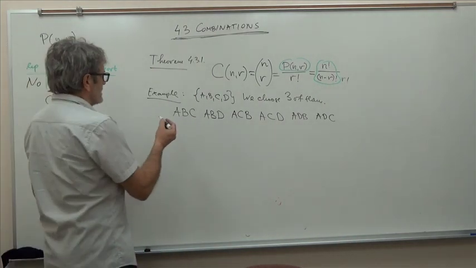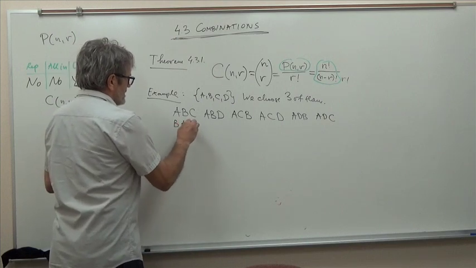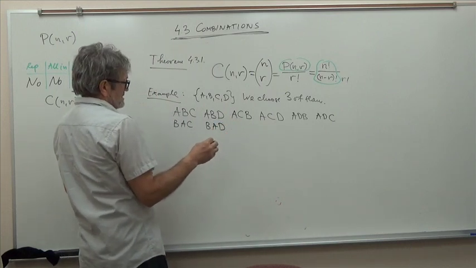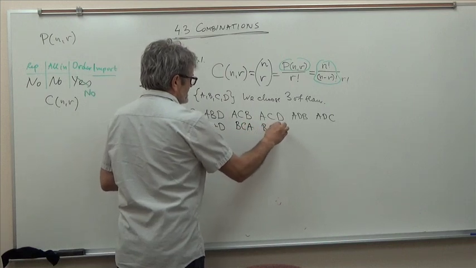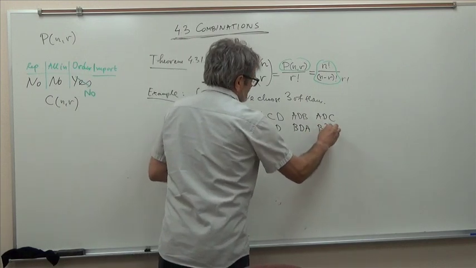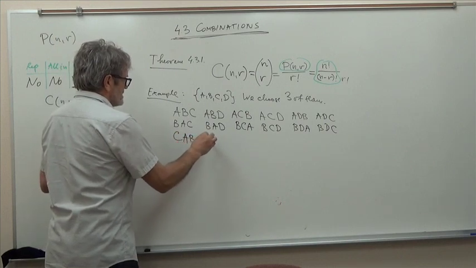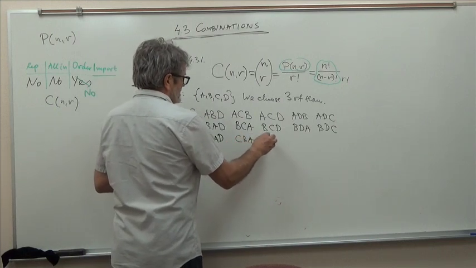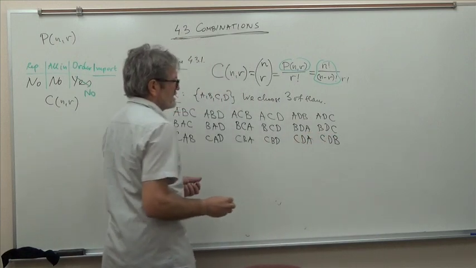What about with B in front? The same story. So B, now we go what? B, A, C, B, A, D, and now we have to change A, so it's B, C, A, B, C, D, B, D, A, B, D, C. Then with C in front, so it's C, A, B, C, A, D, C, B, A, C, B, D, C, D, A, C, D, B. Each line has 6 of them.